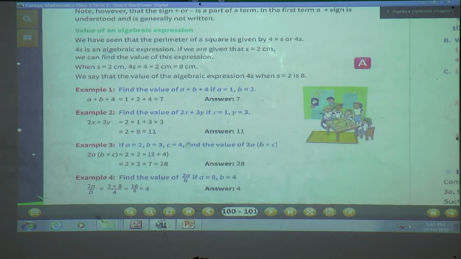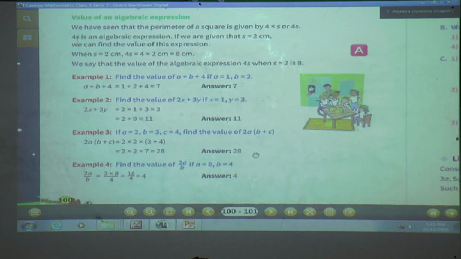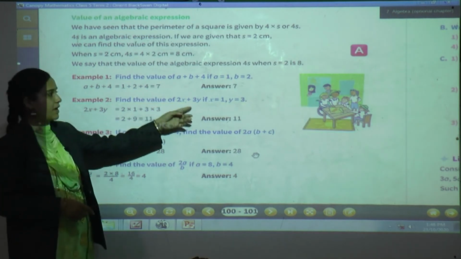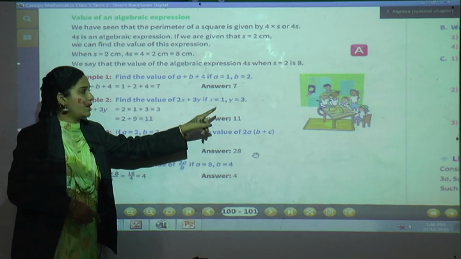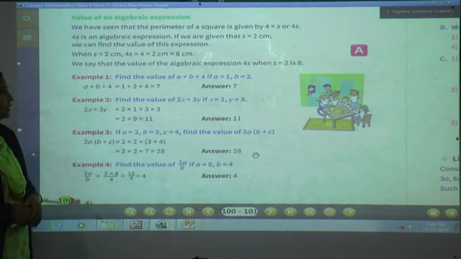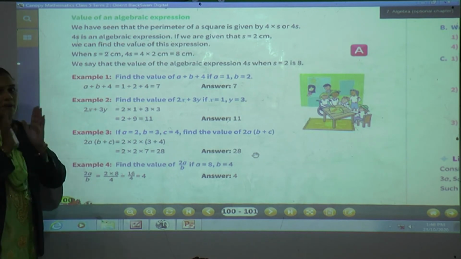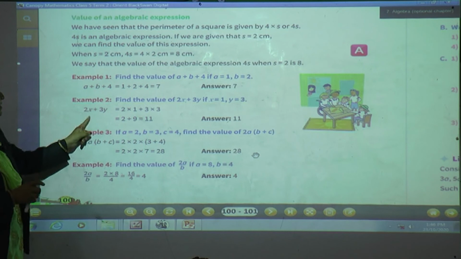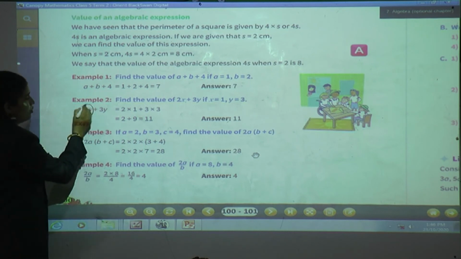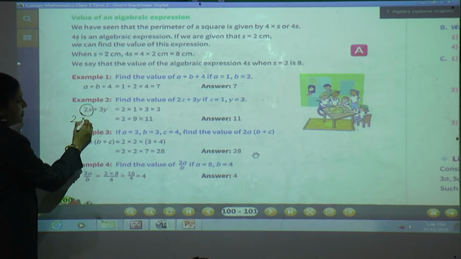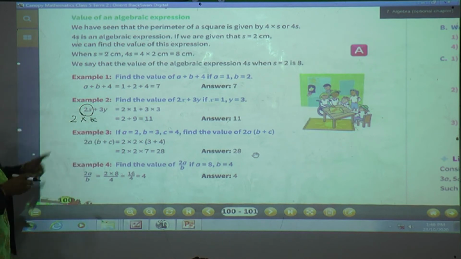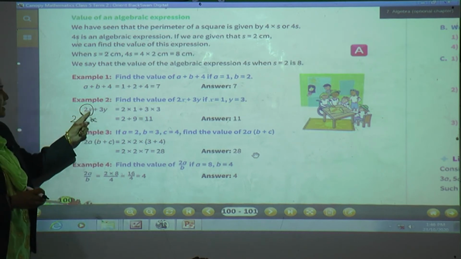Again the next example. Find the value of 2x plus 3y if x is equal to 1 and y is equal to 3. So what to do now, students? We know that in algebra we omit the multiplication sign. That means here in 2x here is a multiplication sign, isn't it? Okay. 2 multiplied by x.